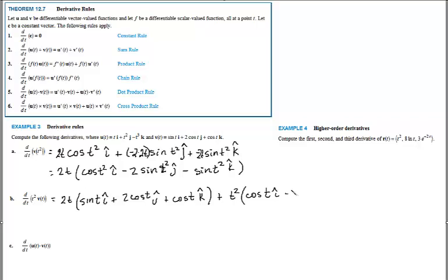That would be minus 2 sine t j hat. Derivative of cosine is just minus sine t k hat.